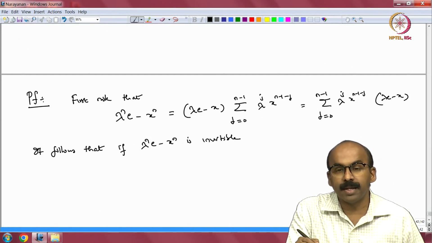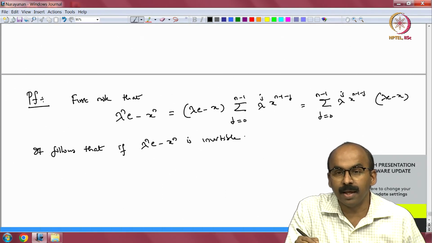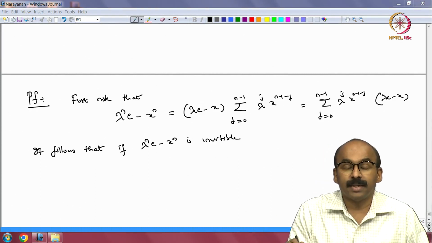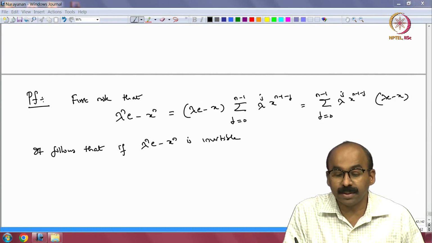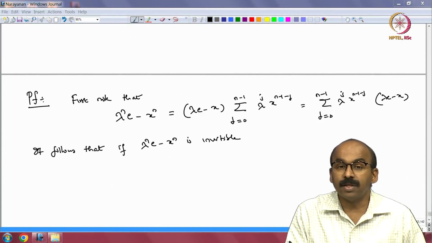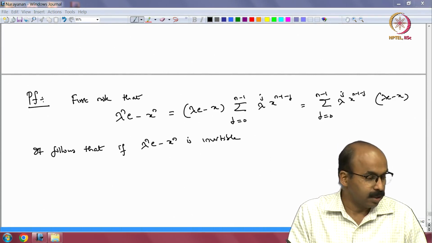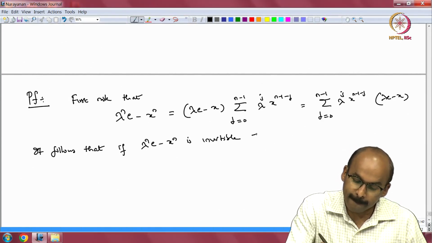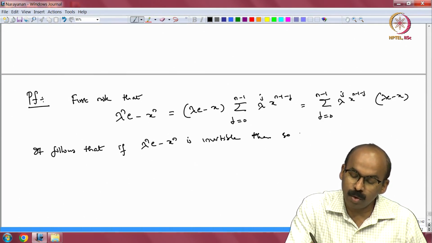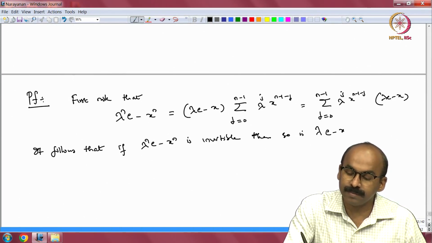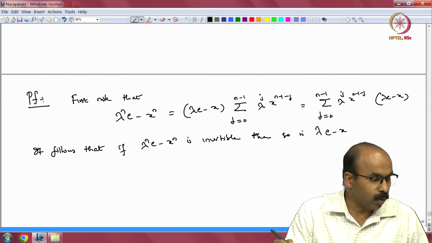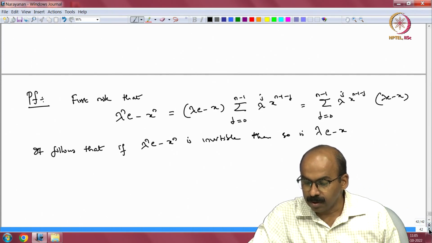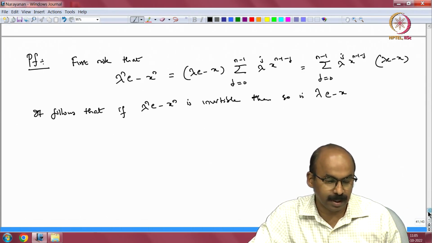Lambda to the n e minus x to the n, if I multiply with let us say y, I get identity, which means if I look at the right hand side, y times that summation j equal to 0 to n minus 1 is an inverse for lambda e minus x, right. So, if lambda to the n e minus x to the n is invertible, then so is lambda e minus x, right. Okay. So, that follows from this identity.